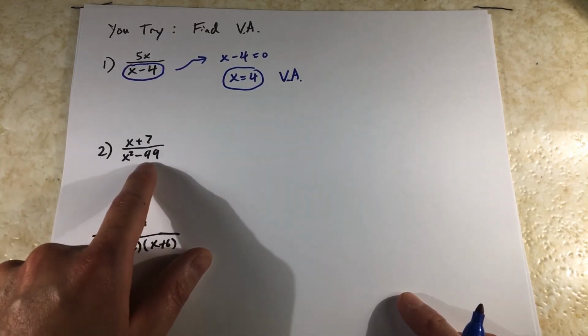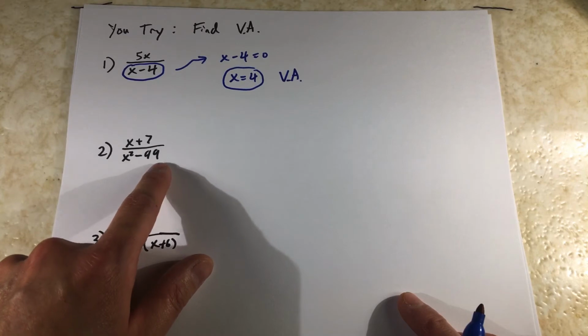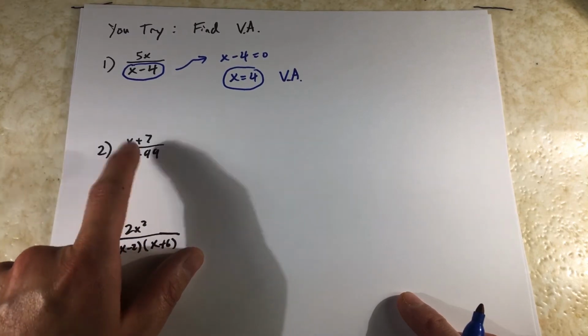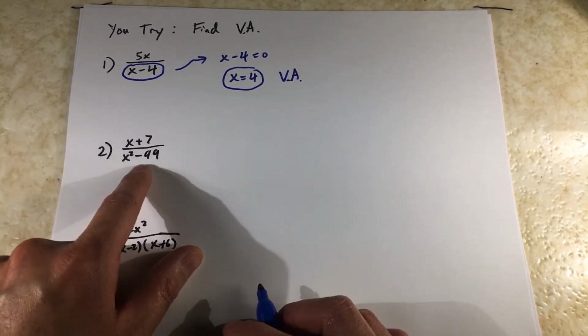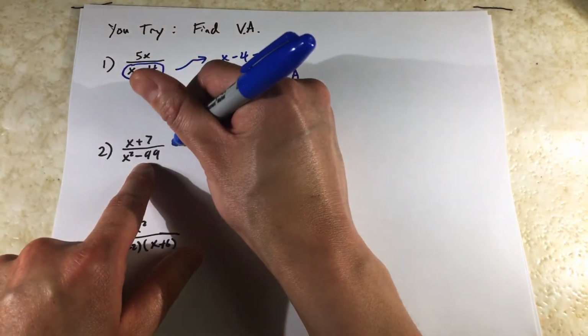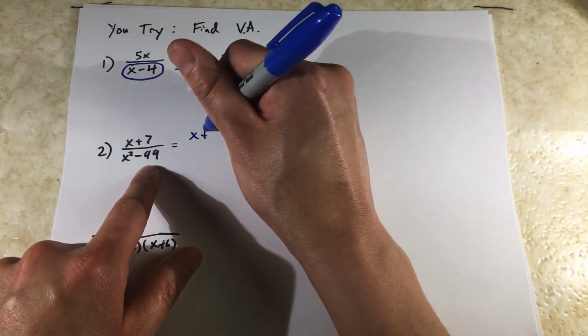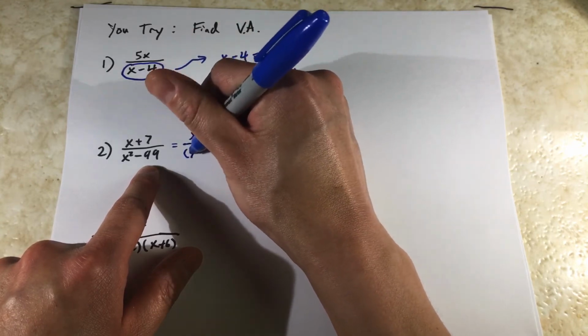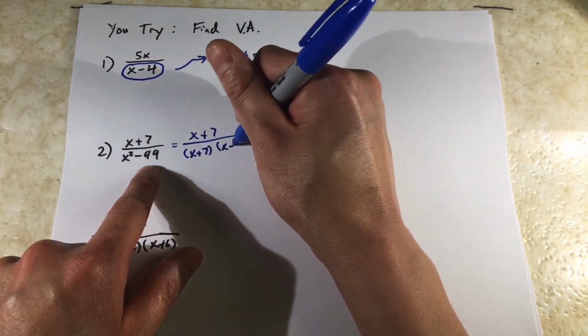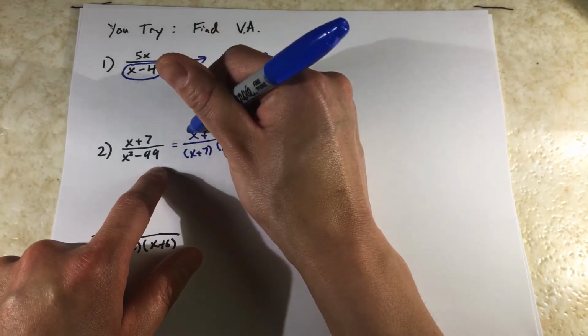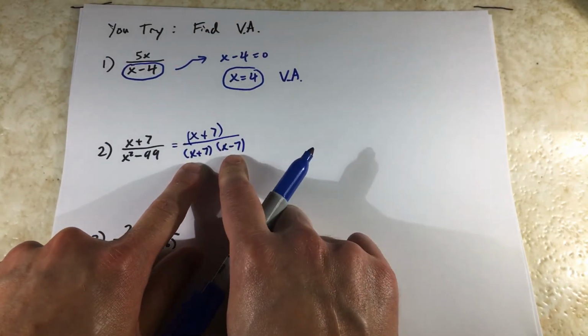All right, this one, when I look at it, you might think, oh, I'll just make x squared minus 49 equal to 0, but you have to be careful here because remember that you have to cancel common factors. This is another example of a difference of two squares. So since we have a difference of two squares, I will factor it out.